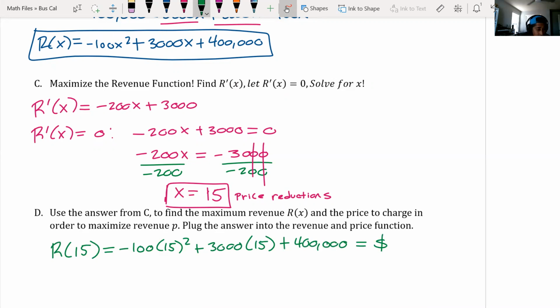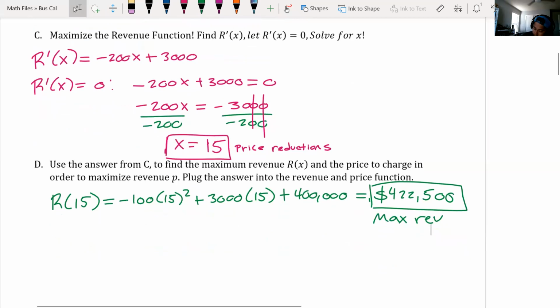Calculate that, and our maximum revenue is going to be $422,500. This is max revenue. Okay. Now just plug it into the price equation.